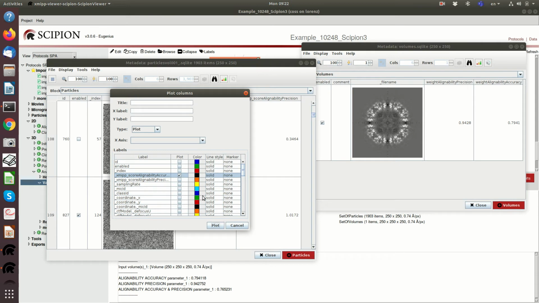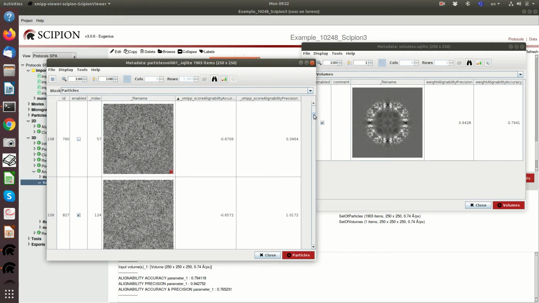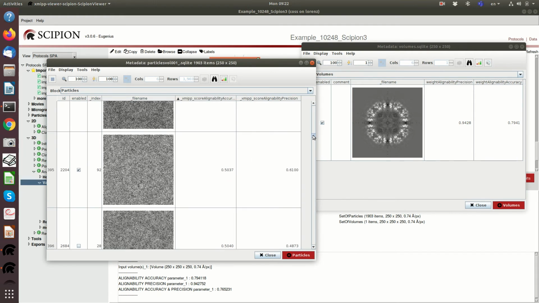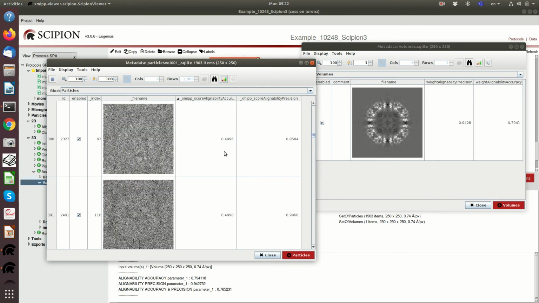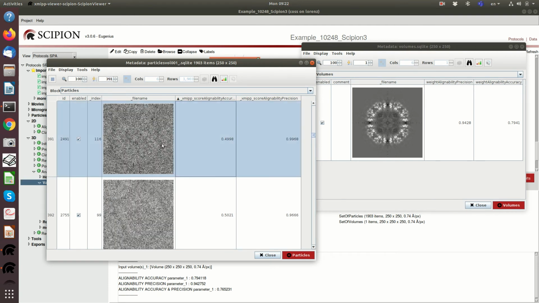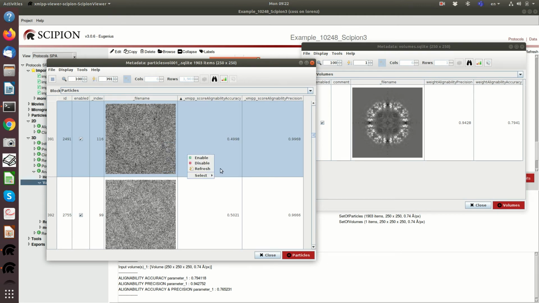We cannot see it because of these strange values, but they are sorted by accuracy, and then you may go to this point and say select to here, I don't trust these ones, and then you produce a new set of particles.